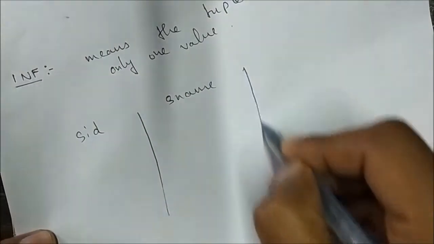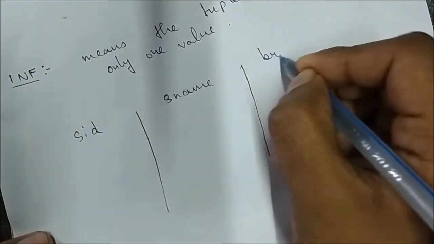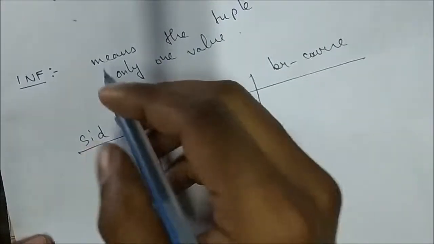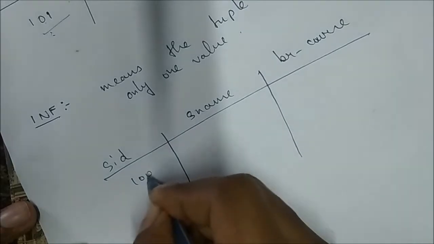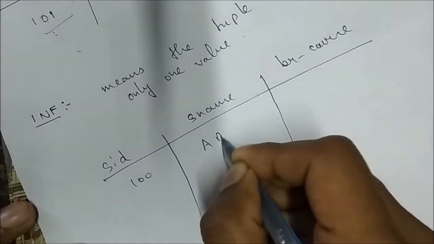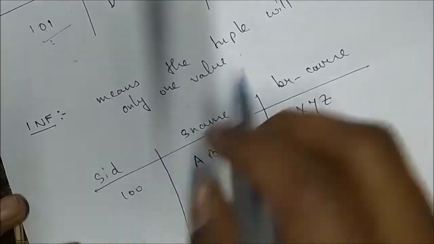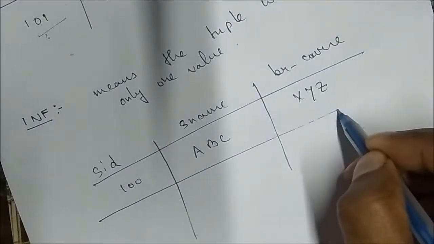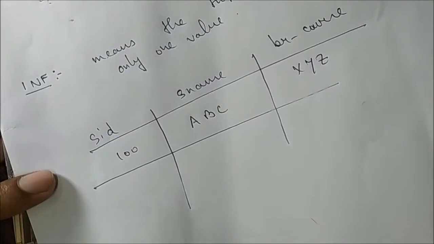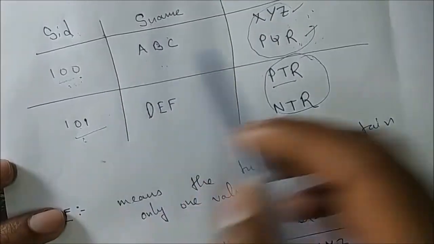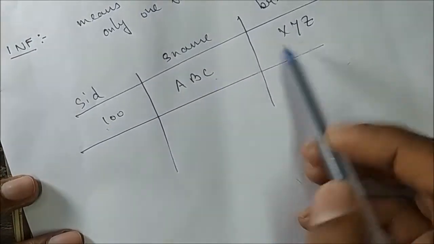S name, then branch course. For 100, ABC, XYZ. Now another row will come out. In the first table, SID 100 contained two values. Now I have decomposed it into single values, 100 containing one value.